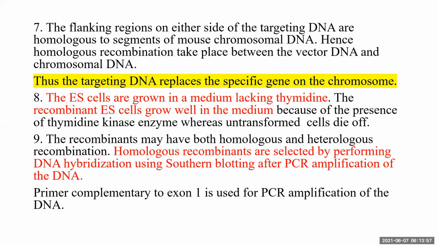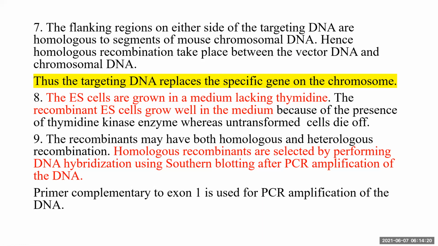So how does it replace the functional gene in the embryonic stem cell? By homologous recombination. The flanking regions on either side of the targeting DNA are homologous to the segment of mouse chromosomal DNA. Hence, homologous recombination takes place between the vector DNA, that means the cloned DNA, and the chromosomal DNA.